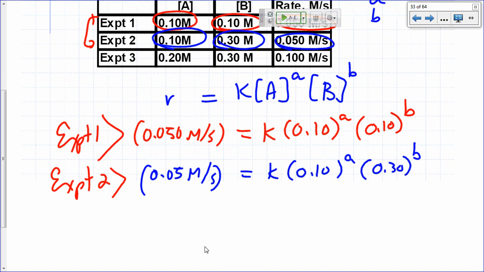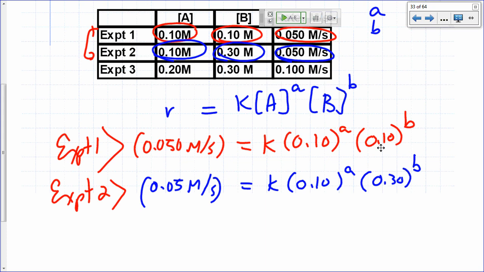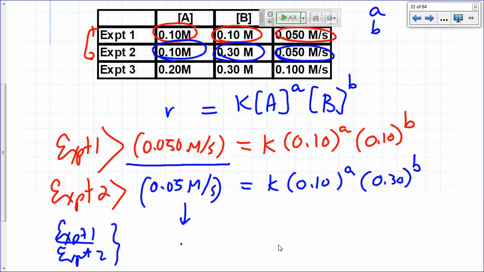Everything else here is the same except for the concentration of B, right? So what I can do is divide equation 1 by equation 2. So experiment 1 over experiment 2. What is 0.05 over 0.05? That's 1, right? What happens if I divide the right side?